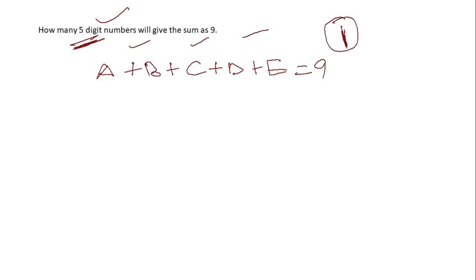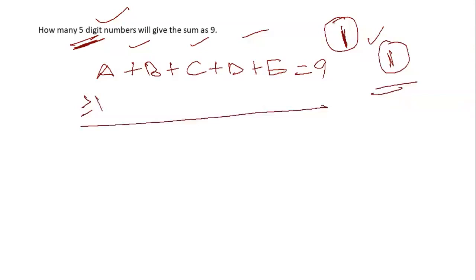The first digit will start from 1, right? Only then it's a 5-digit number. So I have no problem with the second digit. Only the first digit should be greater than or equal to 1. This can be greater than or equal to 0, this can be greater than or equal to 0, this can be equal to 0, this can be greater than or equal to 0.